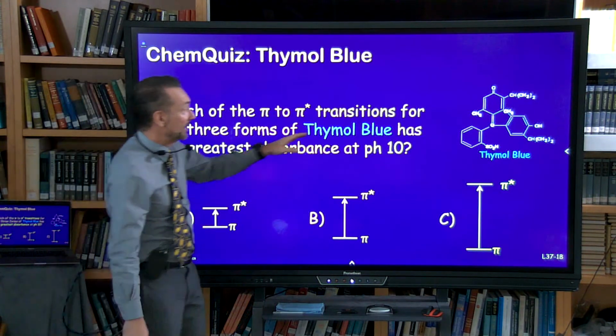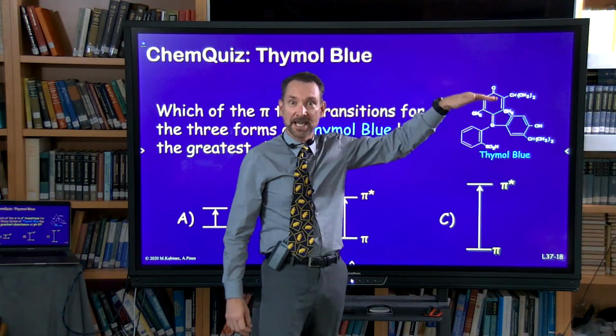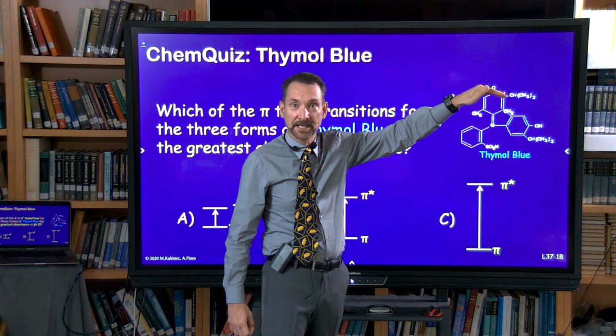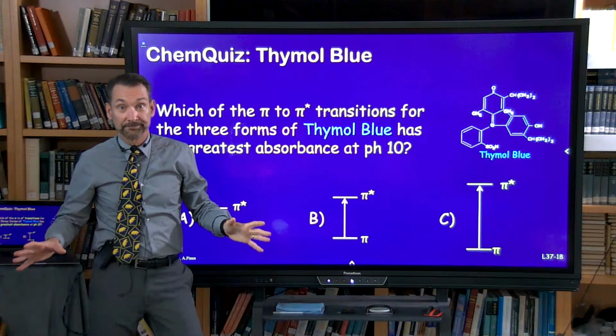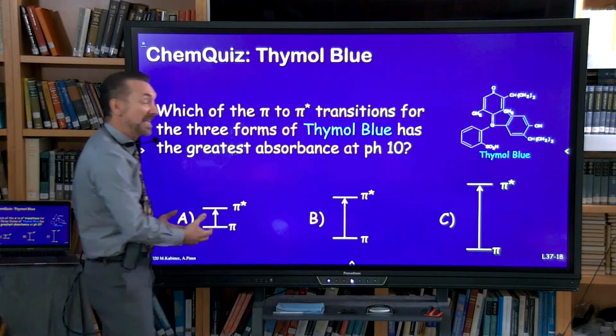So thymol blue at pH 10 we've established is blue, because at that last pKa, around 8, it turned to blue at pH 8ish and stayed blue at pH 10. So it's blue. So one of these transitions corresponds to making it blue.